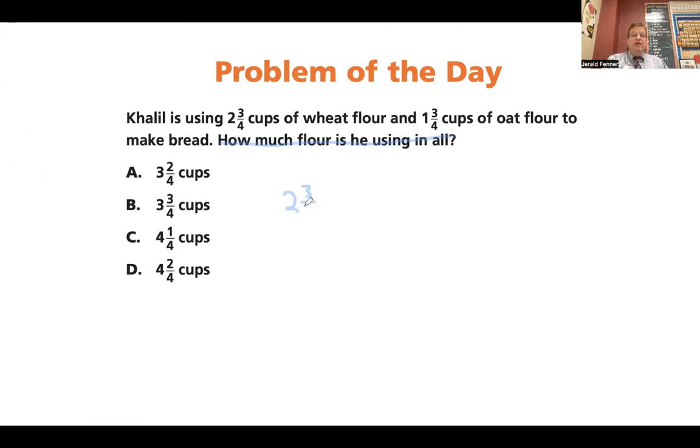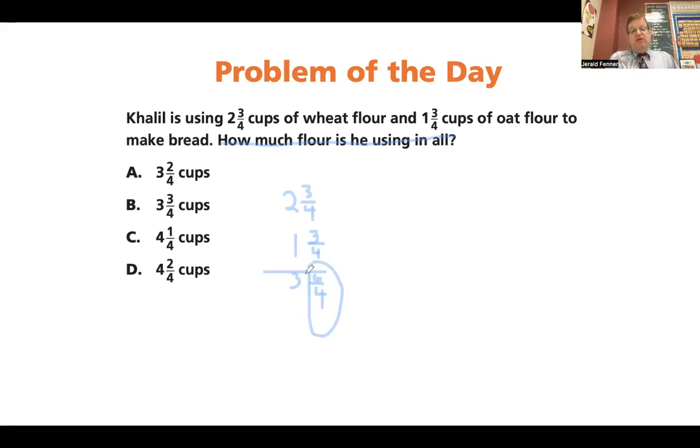So if we add 2 3/4 plus 1 3/4, this is going to come out to be 3 6/4, which we have to then convert, I'm sorry, the improper fraction into a mixed number.